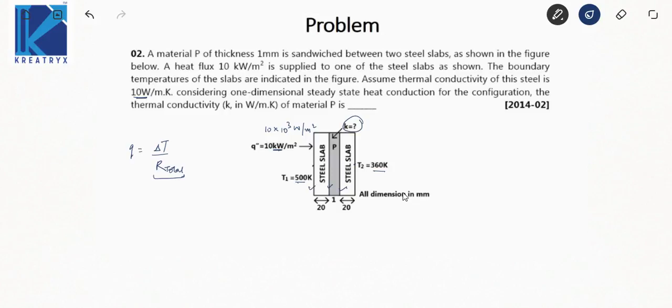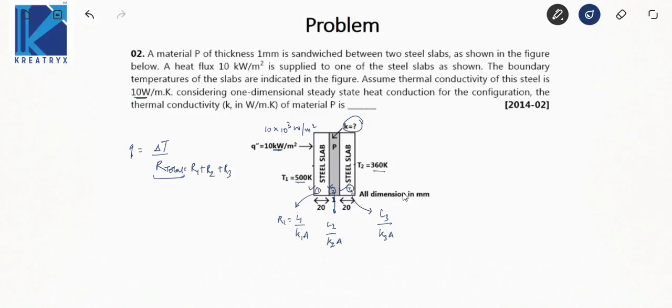So let this be 1, this be 2, this be 3. R total will be equal to R1 plus R2 plus R3, where R1 will be L1 by K1A, R2 will be L2 by K2A, and R3 will be L3 by K3A.